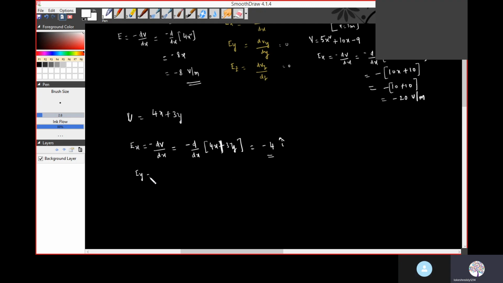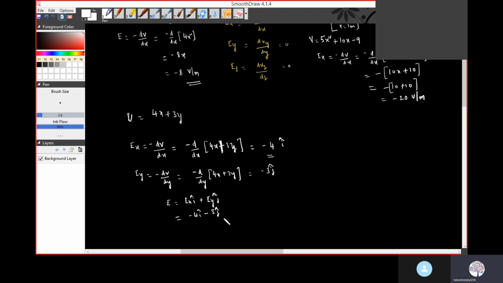Then Ey is equal to minus dV by dy, that is equal to minus d by dy of 4x plus 3y, so that is equal to minus 3 j cap. So E is equal to Ex i cap plus Ey j cap, that is equal to minus 4 i cap minus 3 j cap.